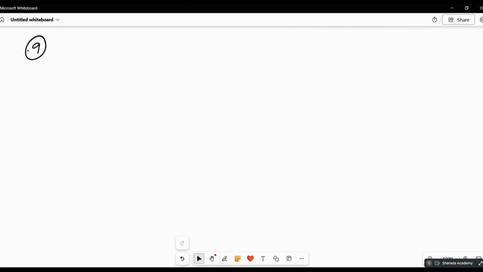Find the coordinates of the points which divide the line segment joining A of (-2, 2) and B of (2, 8) into 4 equal parts. So 1, 2, 3, 4, it should be 4 equal parts.